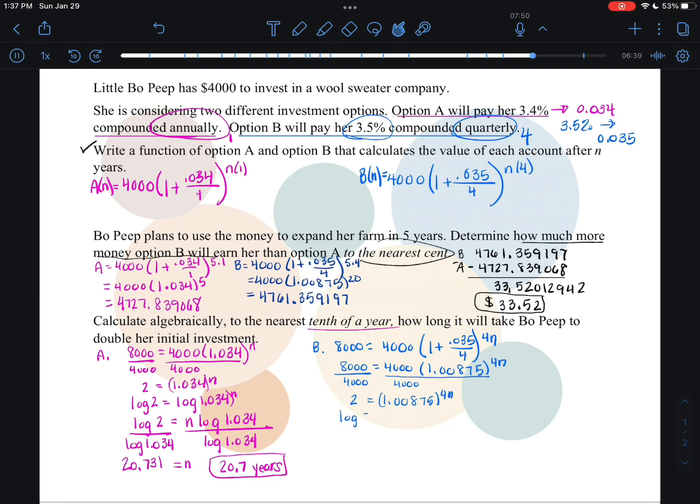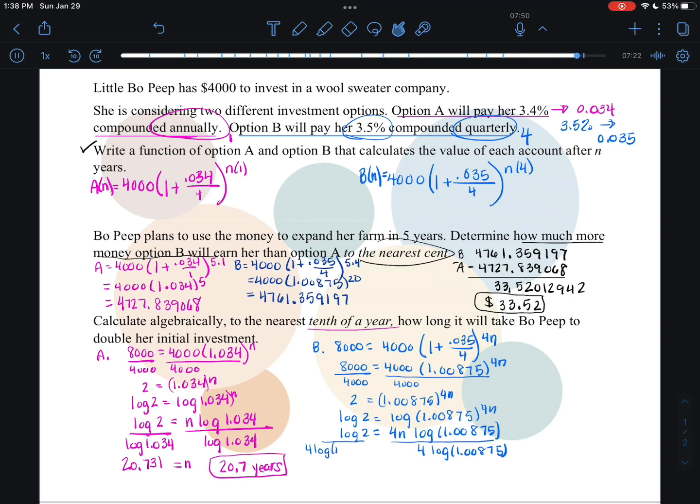Take the logarithm of both sides. Next, I'm going to bring the exponent down to get log of 2 equals 4n times the log of 1.00875. Then I'm going to divide both sides by 4 times the log of 1.00875. That will free up everything on that side and just have the n remaining.